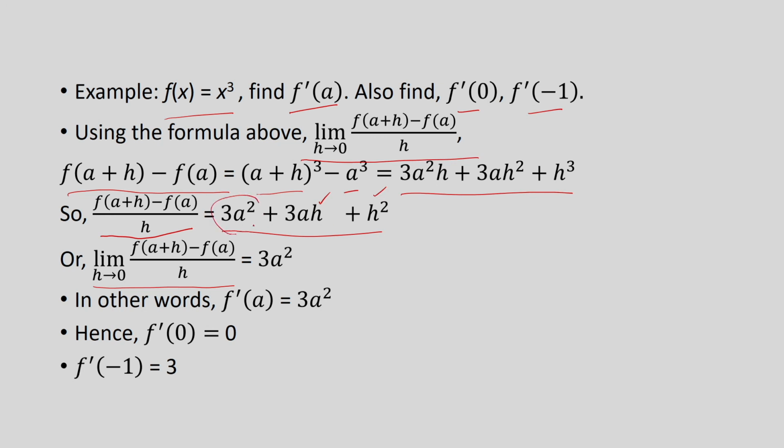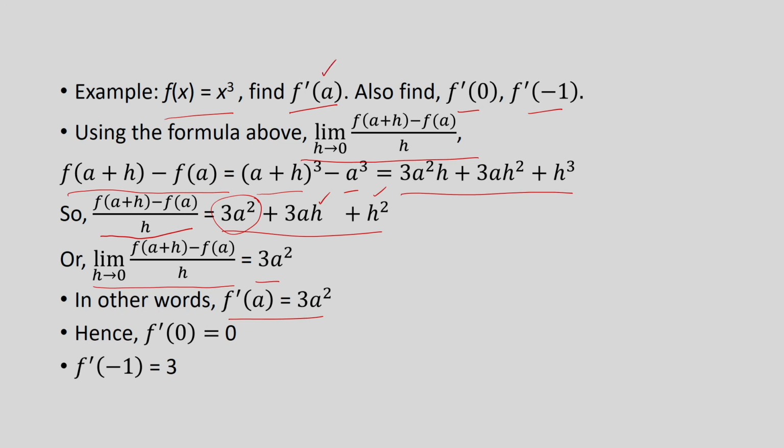So, I will be left with only 3 a square. Okay. So, 3 a square is the answer. F prime of a is equal to 3 a square. So, the first part is answered.